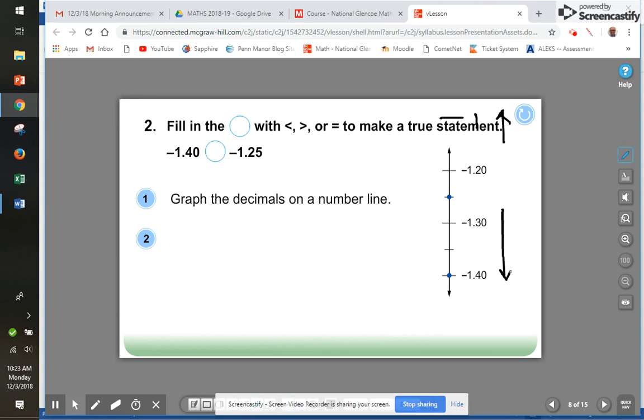Represented on our number line that's been flipped is negative 1, and negative 1 25/100. And down here is negative 1 40/100, or negative 1 4/10, which means that since negative 1 25/100 is closer to 0, or closer going up, it is greater than.